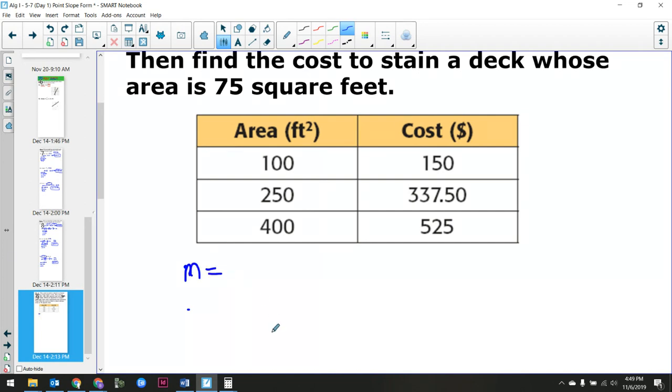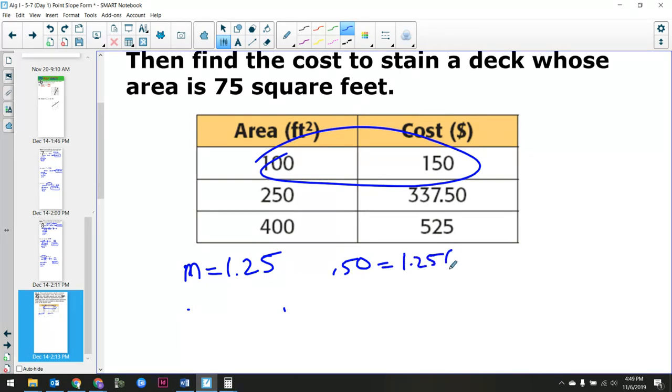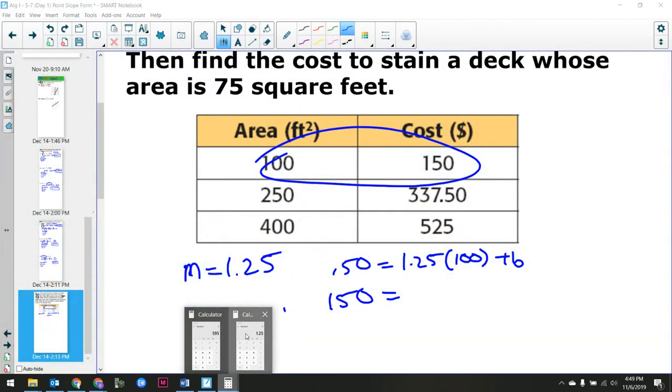M is 1.25. And now I figure out what the y-intercept is, right? Let's use this point. Y equals mx plus b. 150 is equal to 1.25 times 100.